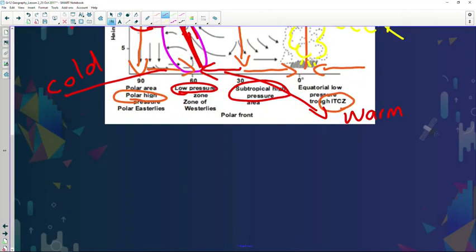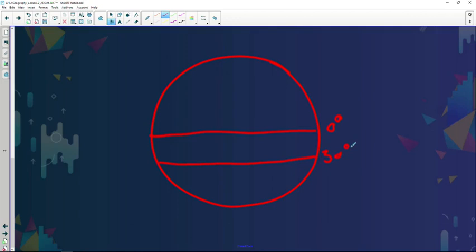Now, from a global air circulation point of view, where does it take place? If you look here, there's 0 degree, 50 degree, 60 degree. And there's a 90 degree.